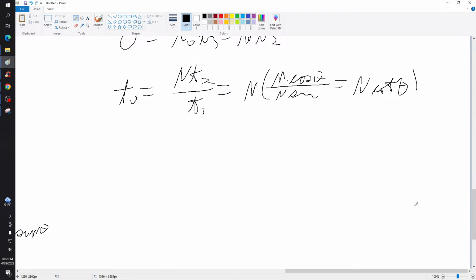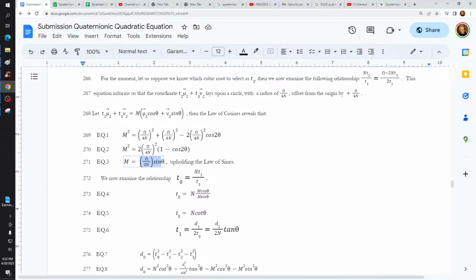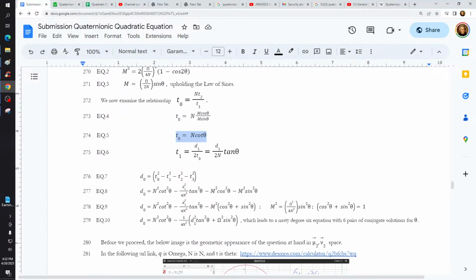So we can define t null as simply n cotan theta. And you see that here. And then t1 equals d1 over t2 t null, so we write that as d1 over 2n tan theta. Because if you divide d1 by 2n cotan theta, that's what you get. Cotan, the reciprocal is tan.